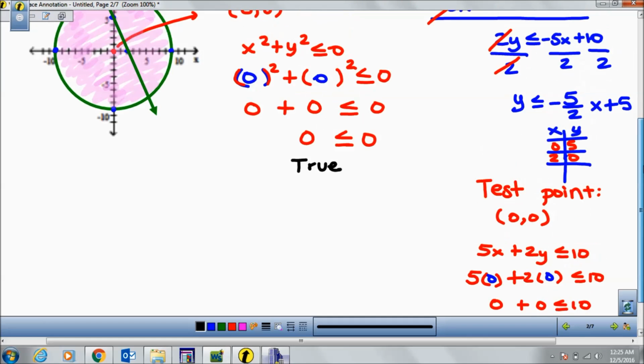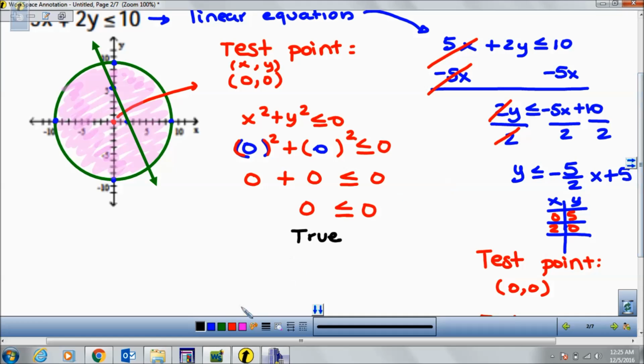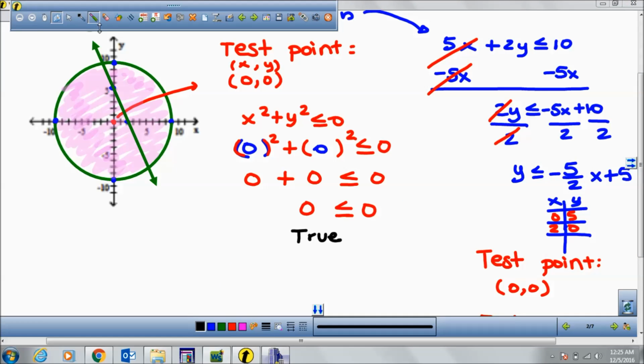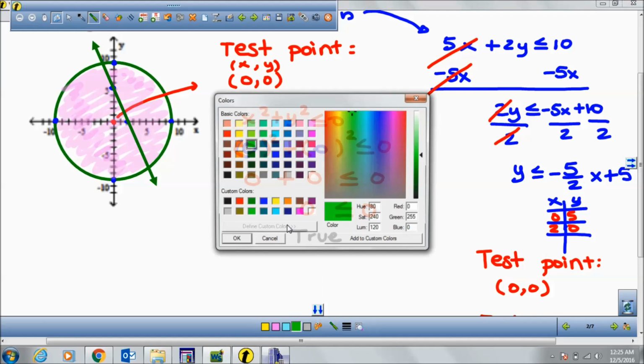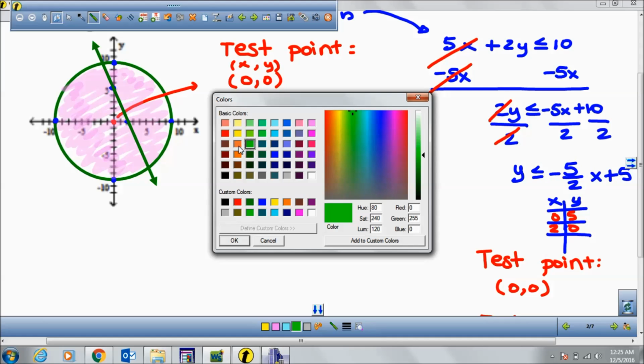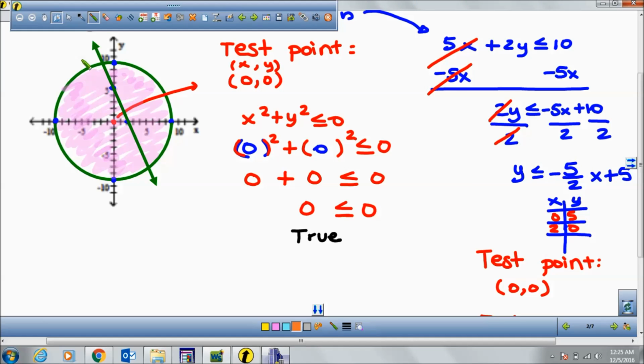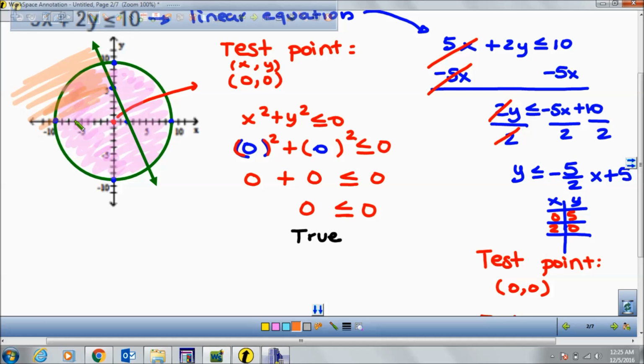So it's true. So where did we get the point (0, 0)? From the left side of the line. So I'm going to shade in. Let me get probably this one. Let's see how it's going to look. So the solution for the line is shading all this.